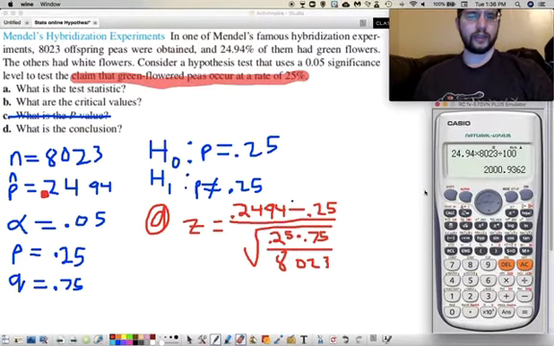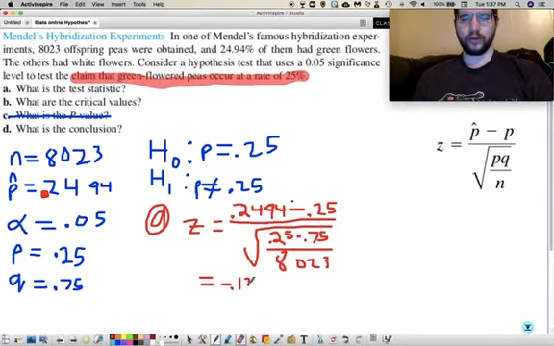So I'll do this first on the Casio. 0.2494 minus 0.25. Square root fraction, 0.25 times 0.75 over 8,023. And we get a test statistic of negative 0.124. Now I'm going to go 4 decimal places.